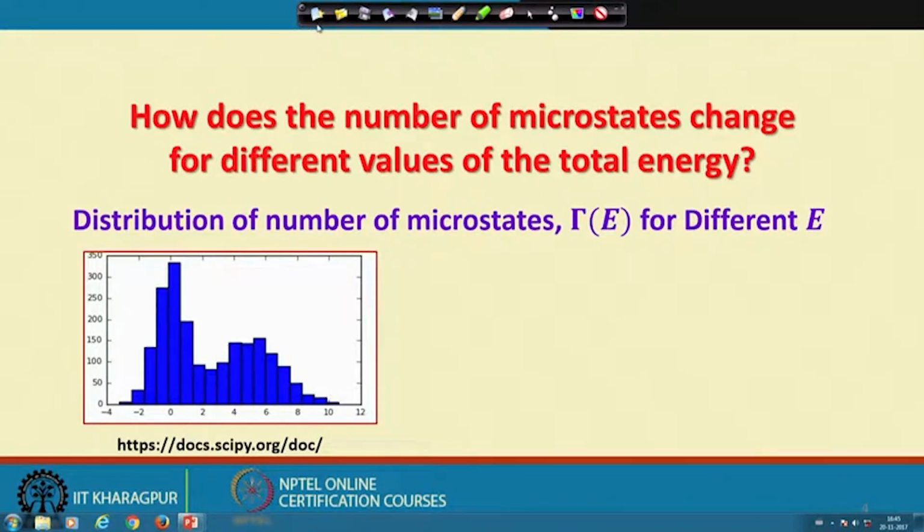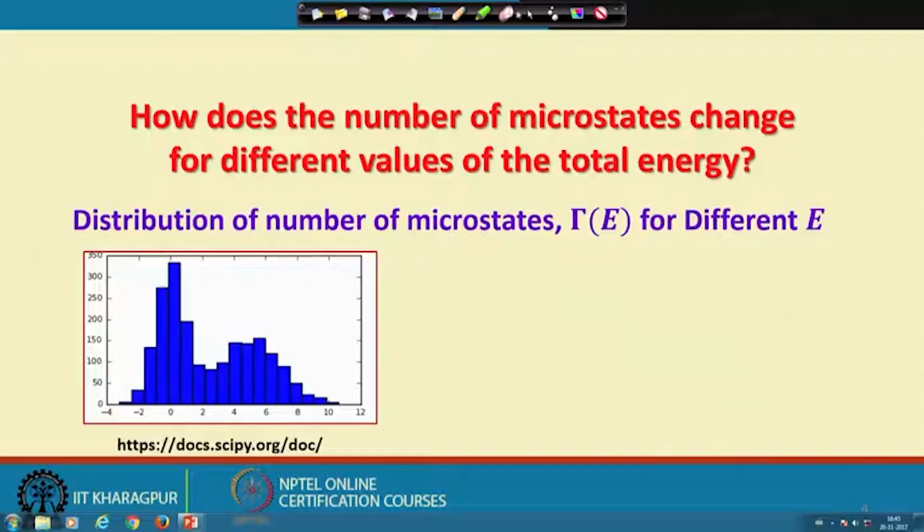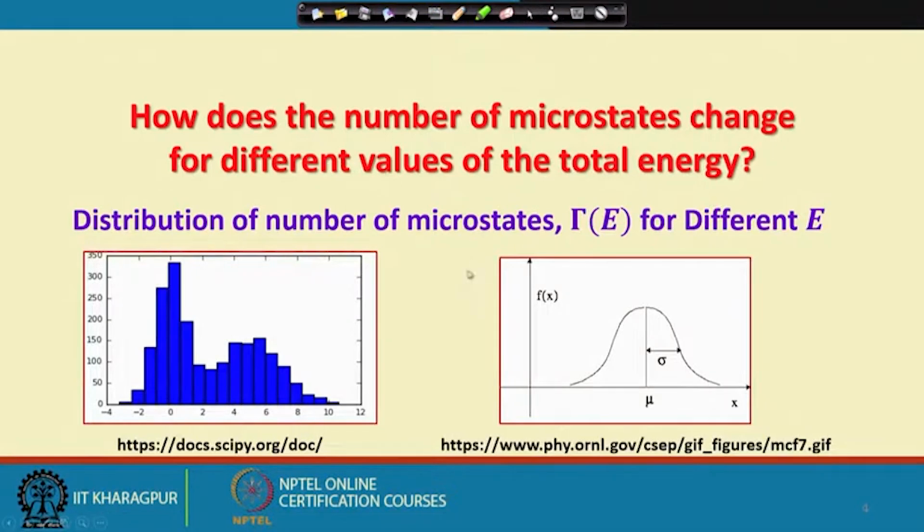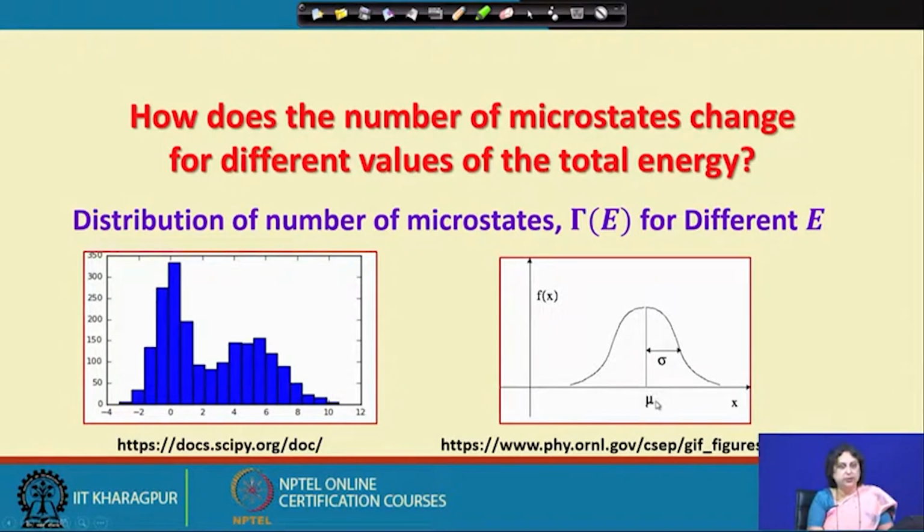So, are there any common forms of the distribution function? Perhaps the most common one is what is known as the Gaussian distribution, which looks something like this. It is symmetric about a mean value mu where it exhibits a maximum, and then it symmetrically falls off as x deviates from this value.